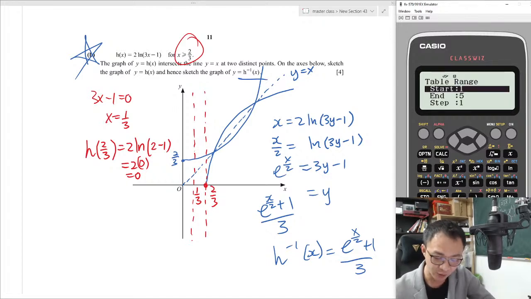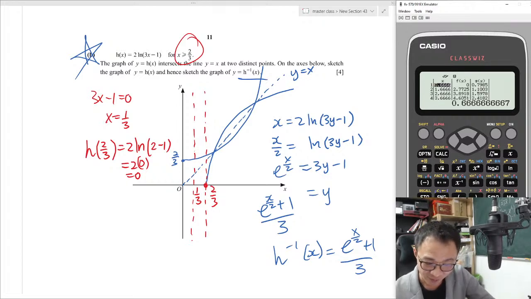I start at 2 over 3, and the end value is any value, it doesn't matter, so maybe I put a bigger number, maybe 20. Step, I just put 1, it doesn't matter. I try to find if there is any intersection point between them.